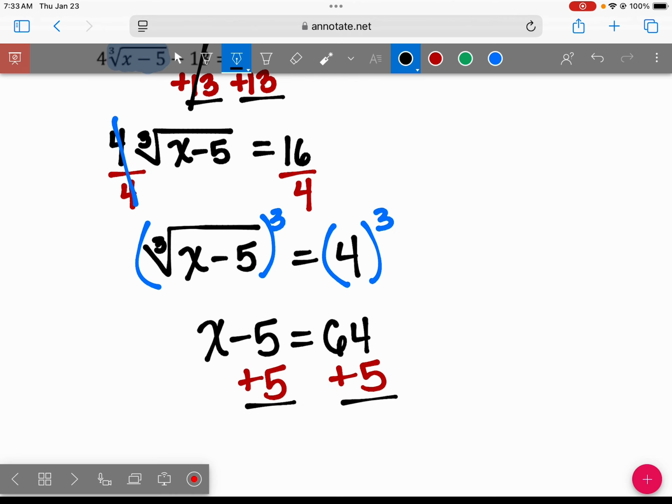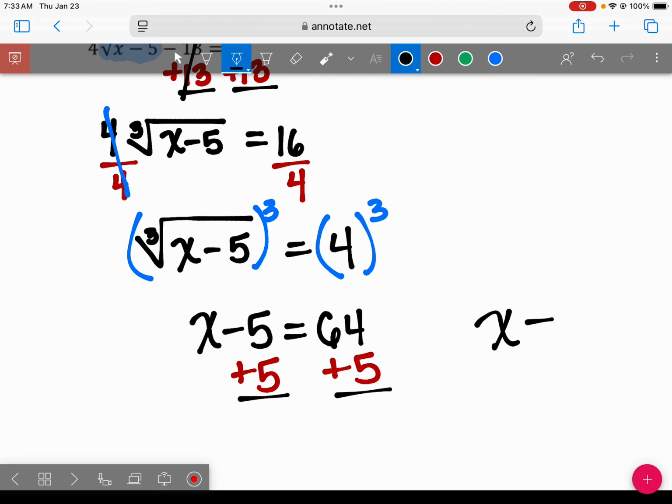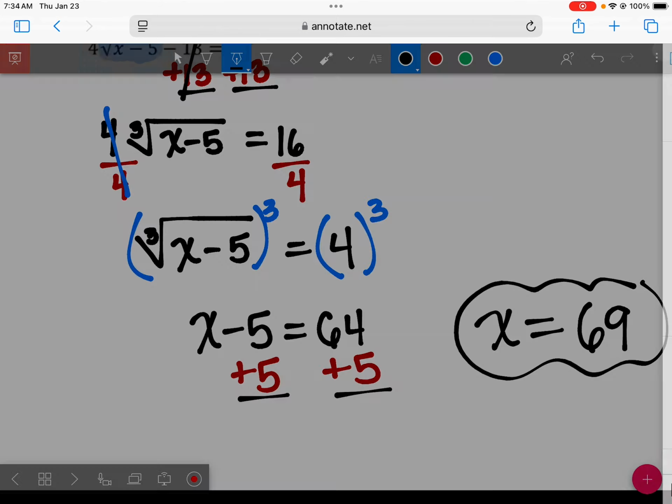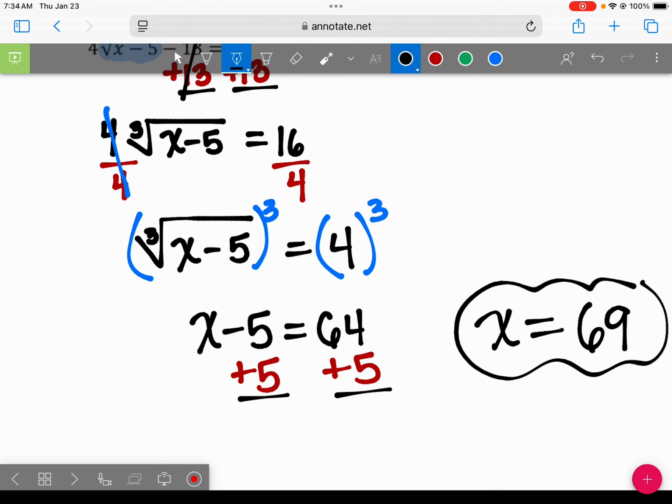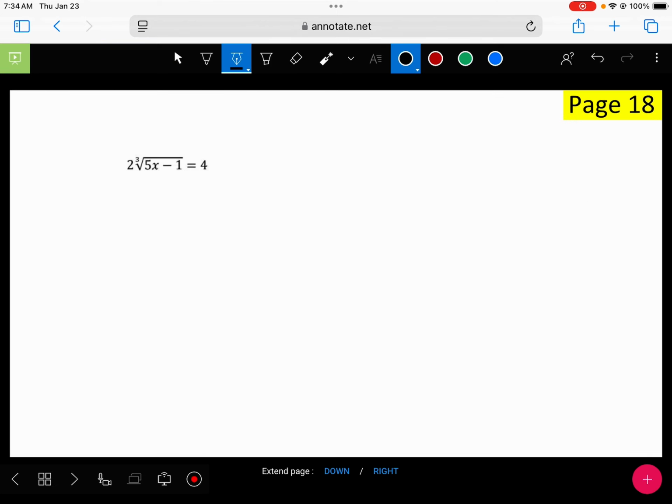So our final answer is x equals 64 plus 5. Go ahead, add that in your calculator. And that would be 69.